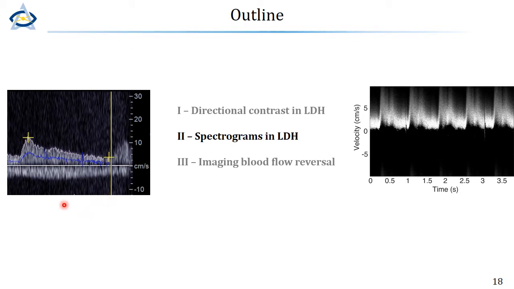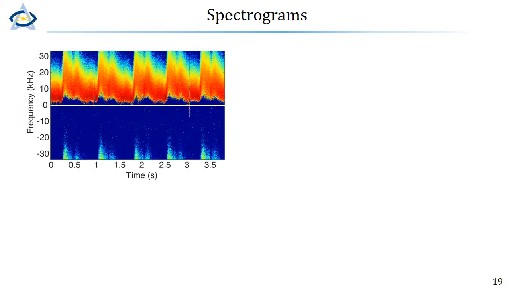And we can do the same in laser Doppler holography, except that we just don't know the Doppler angle. Now, this is an example of a spectrogram graduated in frequency shift in a retinal artery. What's really interesting to notice is that there can be aliasing, just as in Doppler ultrasound.